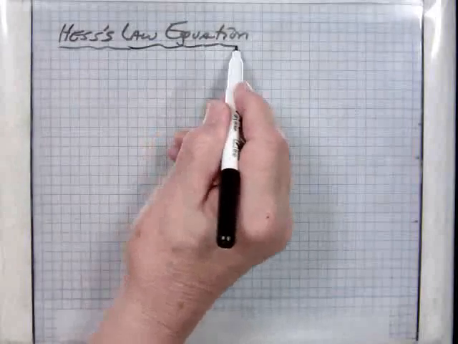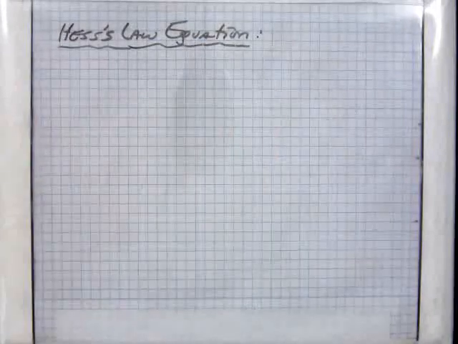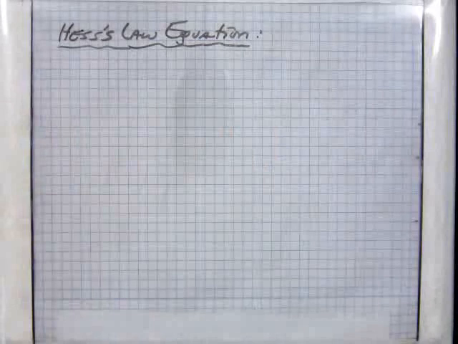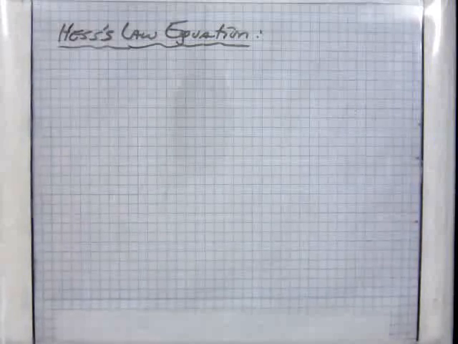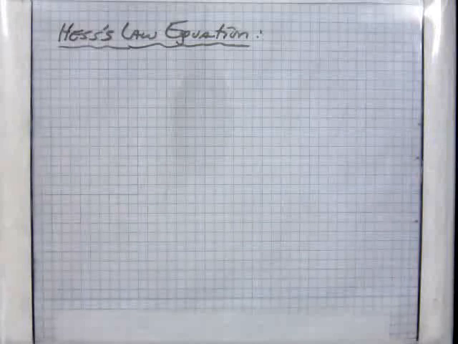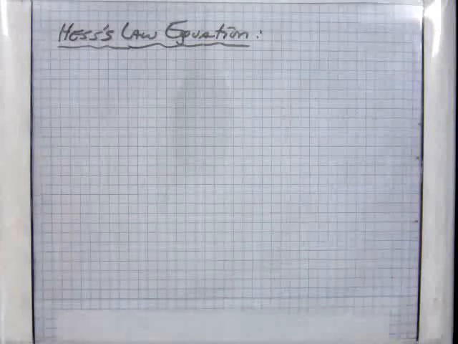Now, the Hess's law equation is a shortcut in calculating the net energy of reaction using what we call standard heats of formation. Now, we mentioned these back at the beginning of the course when we were writing the types of molecular equations. The molecular equations contain formulas which are in what we call basic standard states for the substances.